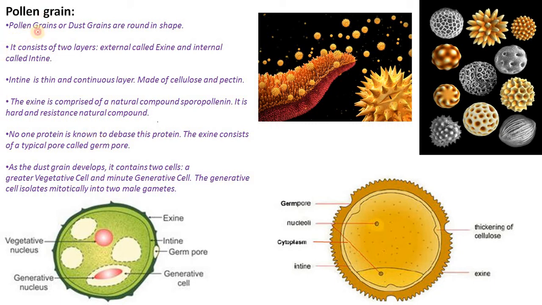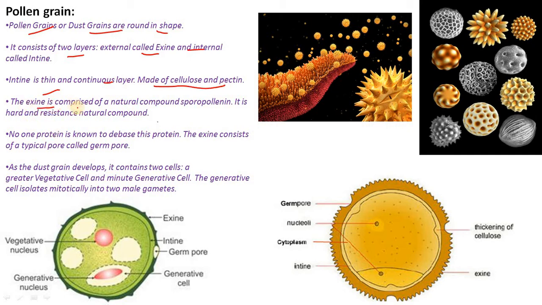We know the pollen grains, or the dust grains, are round in shape. They consist of two layers, the external exine and the internal intine. The intine is a thin and continuous layer made up of cellulose and pectin.